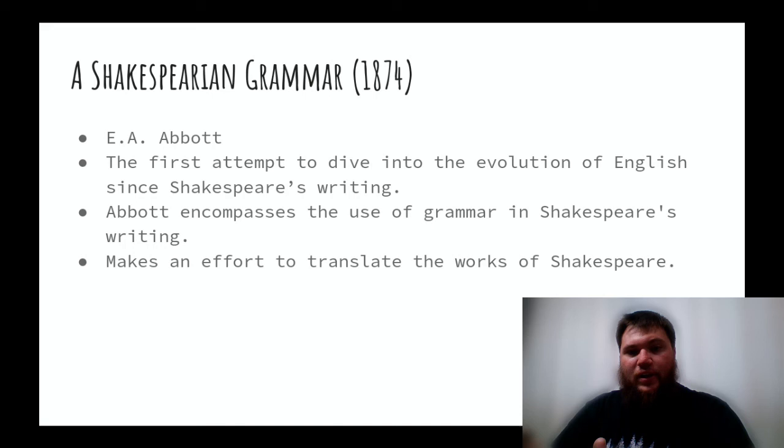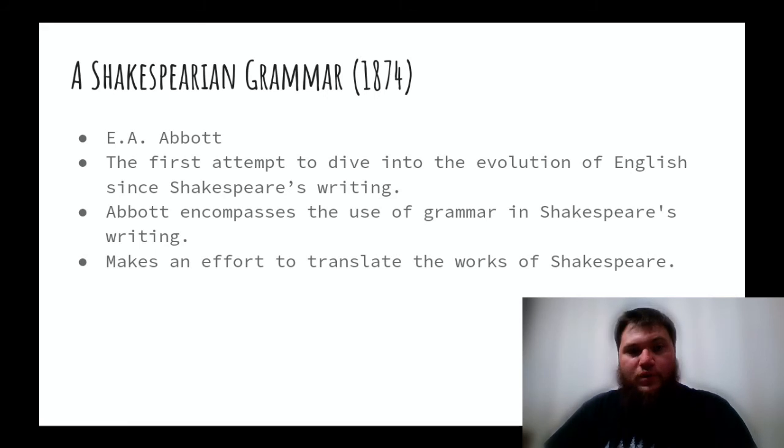He did a lot of translation and tried to do a lot of one-to-one combination. He encompasses the use of grammar in Shakespeare's writing, while also kind of delving into what words were lost, what words we've gained since then, and how that's changed the parts of speech and the usage of different words.